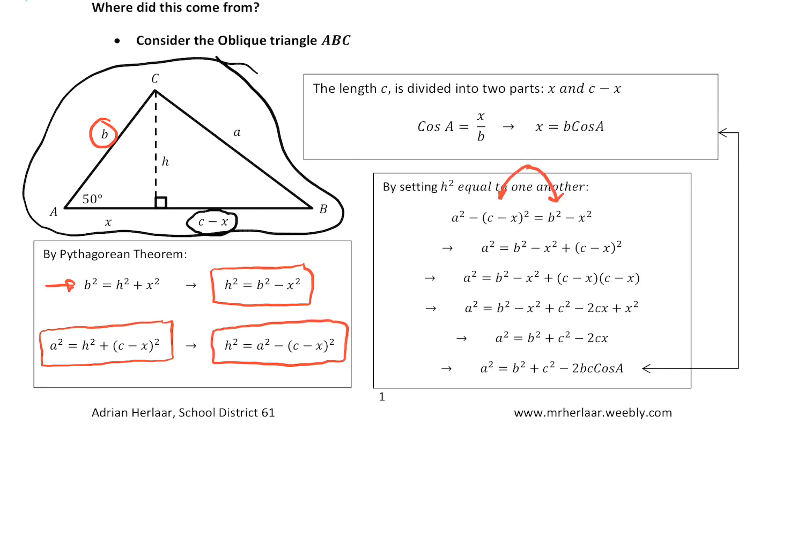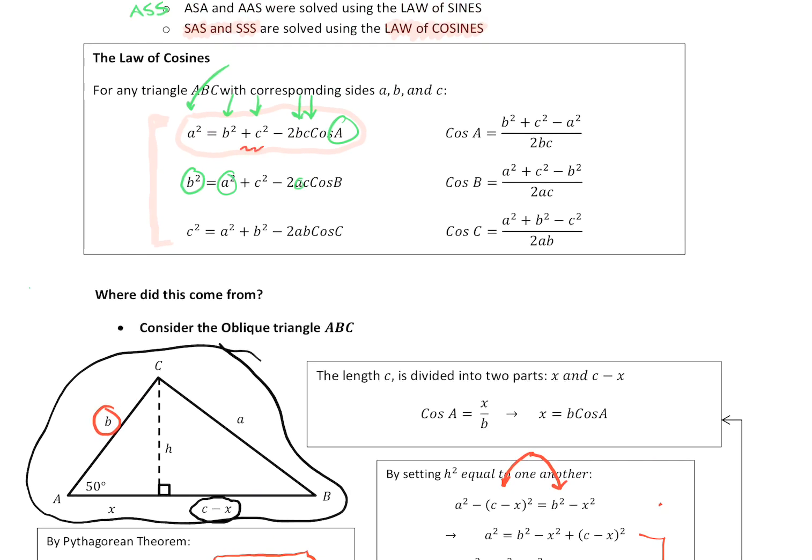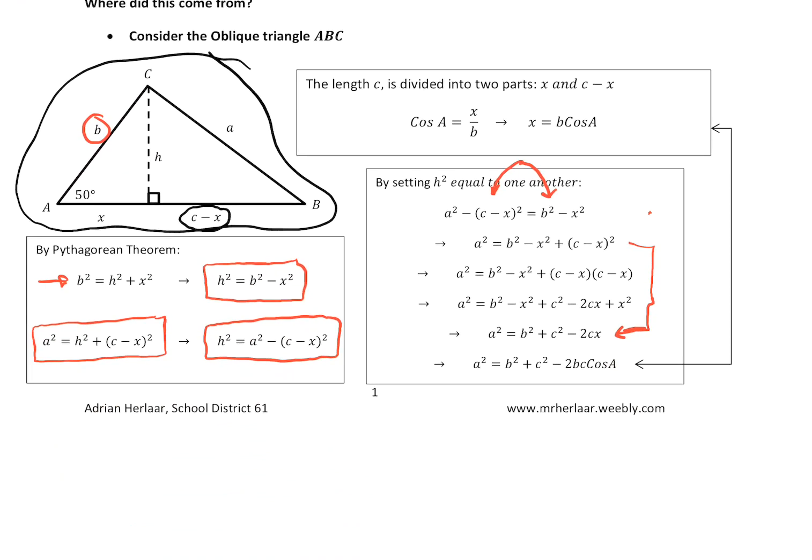You do some algebraic manipulation, some foiling. You work your way down all the way to here: a squared equals b squared plus c squared minus 2cx. Now, look right here: a squared equals b squared plus c squared. And then you have minus 2bc cos A, but here we have 2cx.